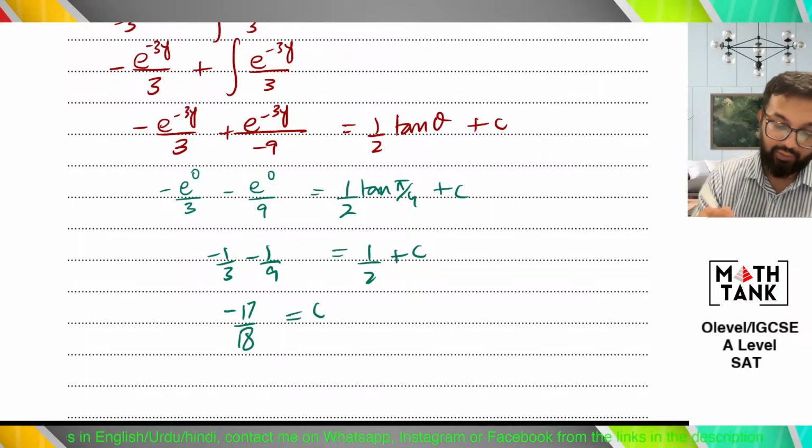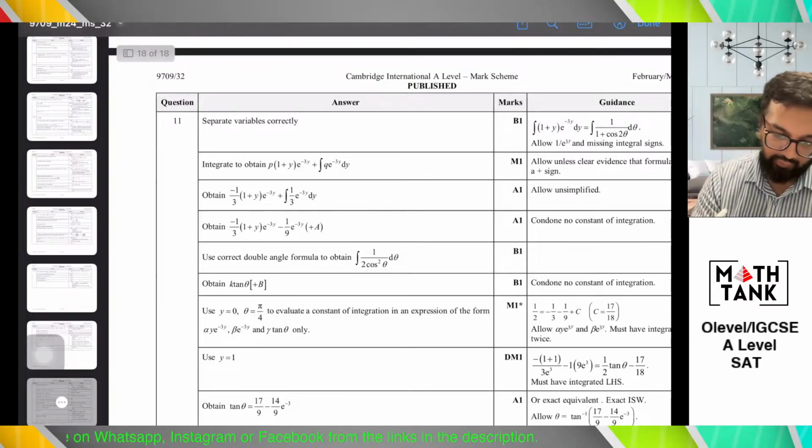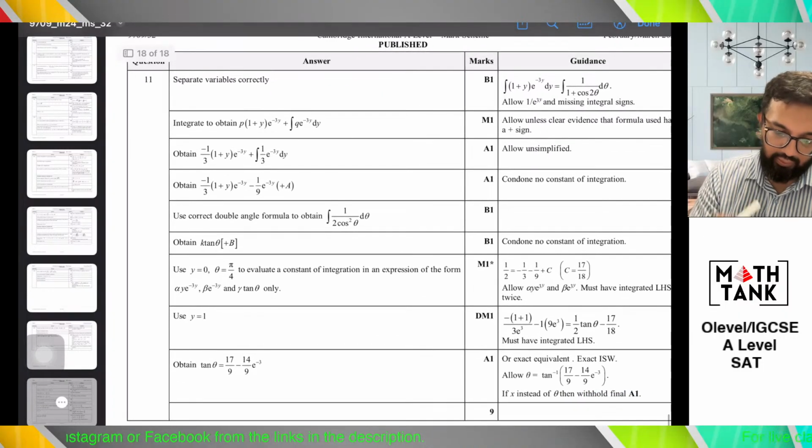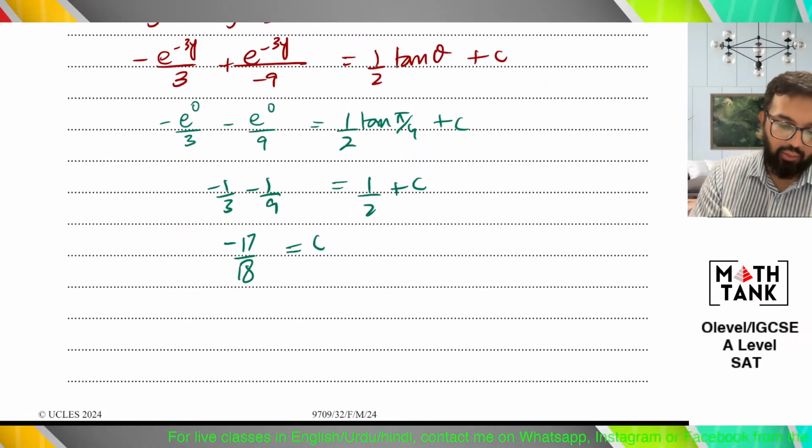I want to check if that c is correct first. 17 over 18 is what I'm getting. Okay, so writing my expression again.